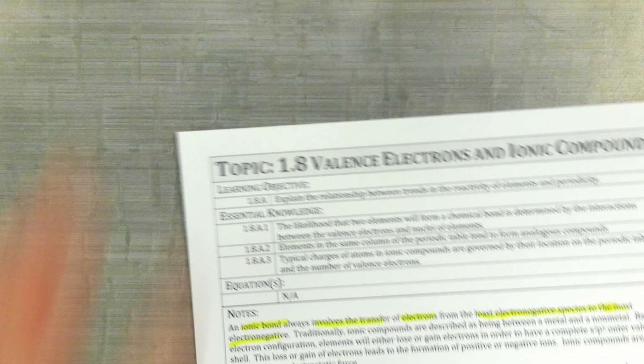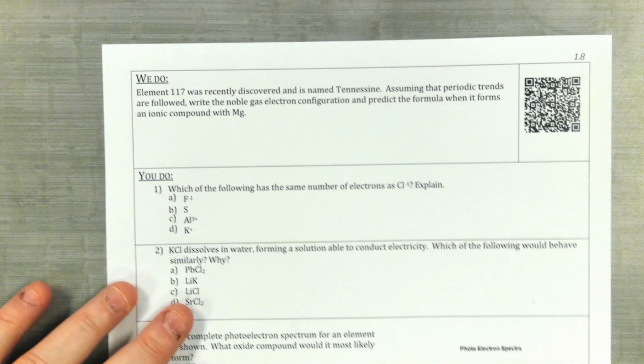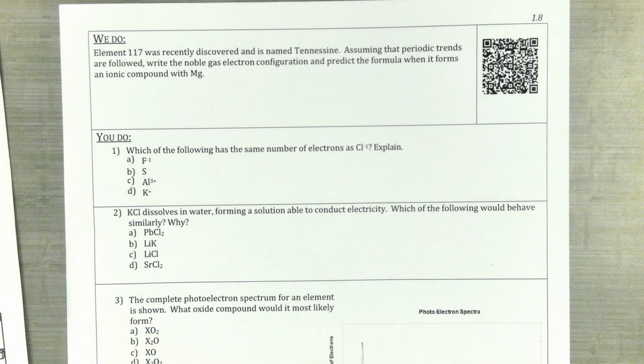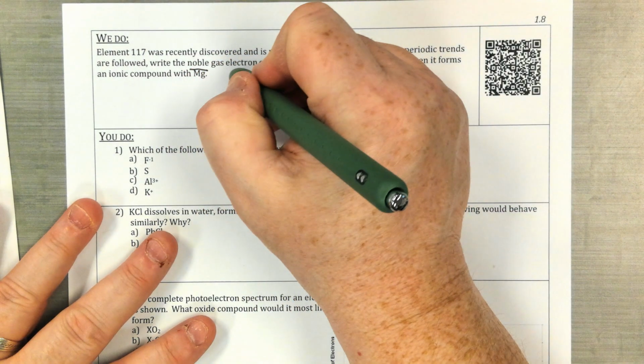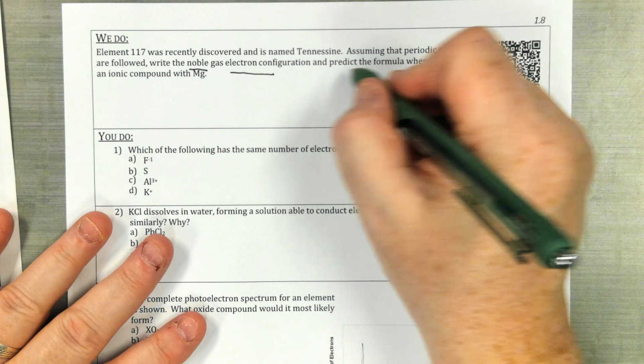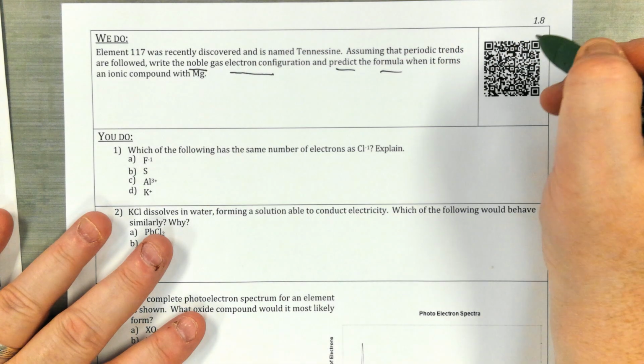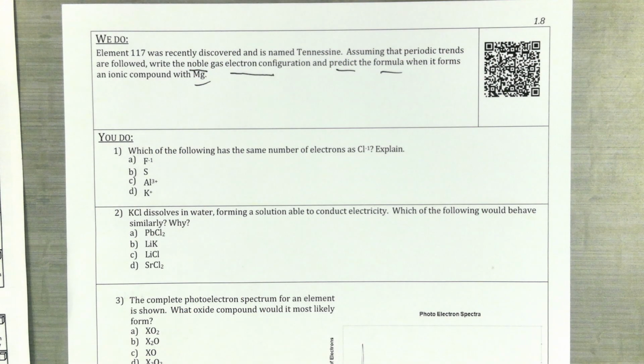Okay. All right, let's flip this over. If we had element 117, Tennessine, assuming periodic trends are followed, write the noble gas configuration, and predict the formula when it forms with magnesium.